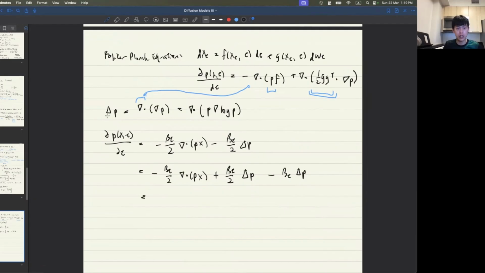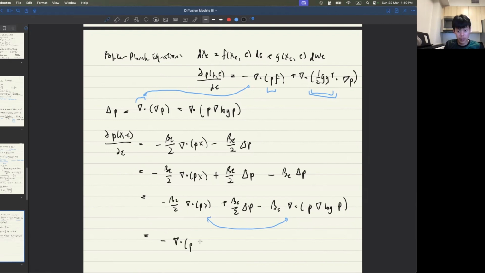Because we have done the massaging of Laplacian of p, this equation becomes minus beta t, the divergence of p, the gradient of log p. And we can bring these two terms into one. These two terms become minus the divergence of p times beta t over 2 x.